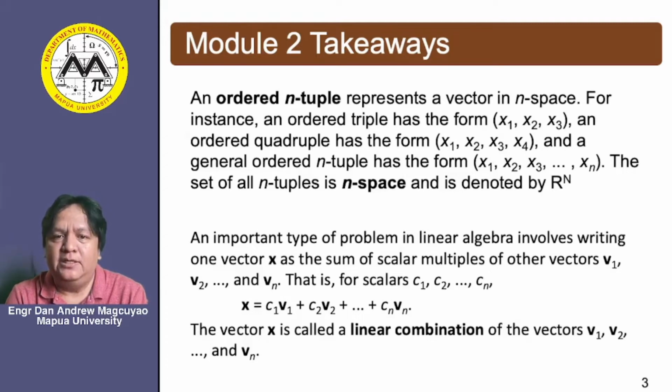That is, for scalars c sub 1, c sub 2, up to c sub n, there exists the vector x, which is equal to c1 v1 plus c2 v2 plus, and so on and so forth, plus c sub n v sub n. The vector x is called a linear combination of the vectors v sub 1, v sub 2, up to v sub n.